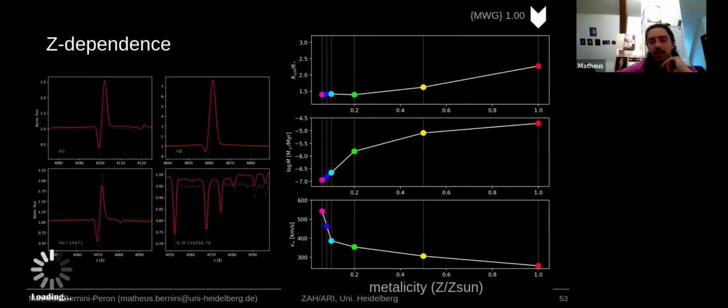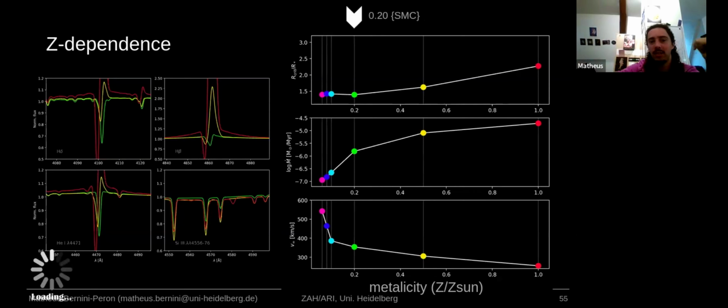And then we are also testing different parameters with these models. These models are really versatile and powerful because we can test how different parameters of the star will impact our final wind properties. And here I'm testing metallicities. So I took a model of a more extreme B-hypergiant, and then I changed the metallicity to see how it behaves.